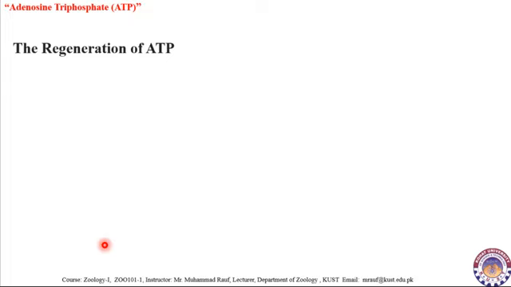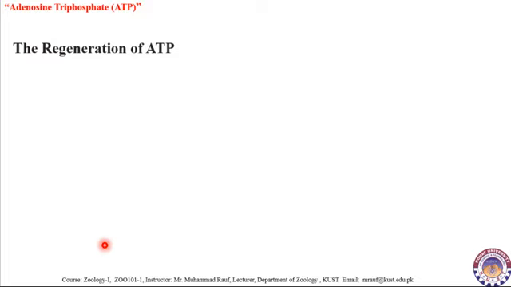Now another important thing is that ATP is a remarkable molecule. It stores energy and it can perform work, but the problem with ATP is that it stores energy for a very short period of time.